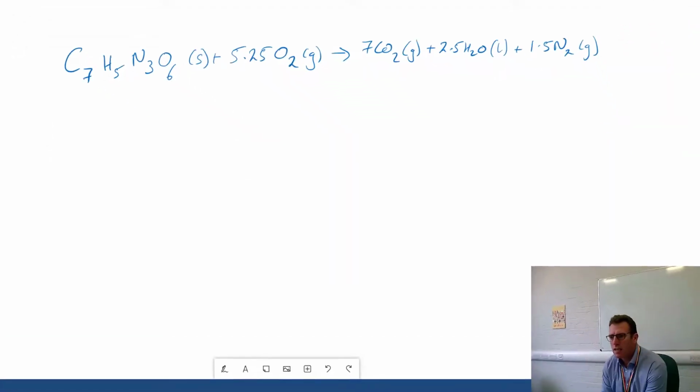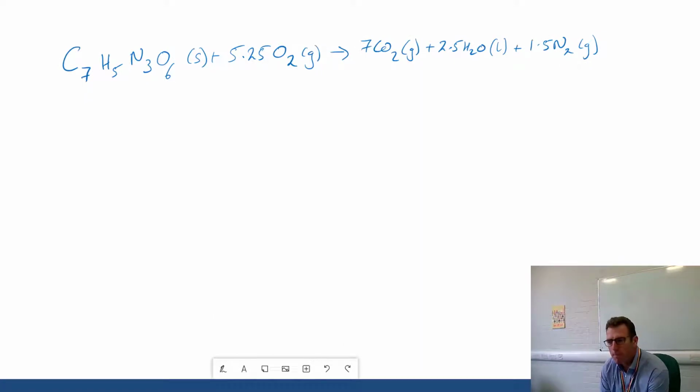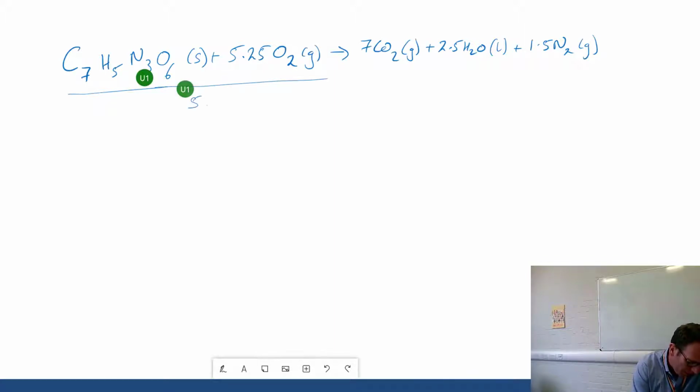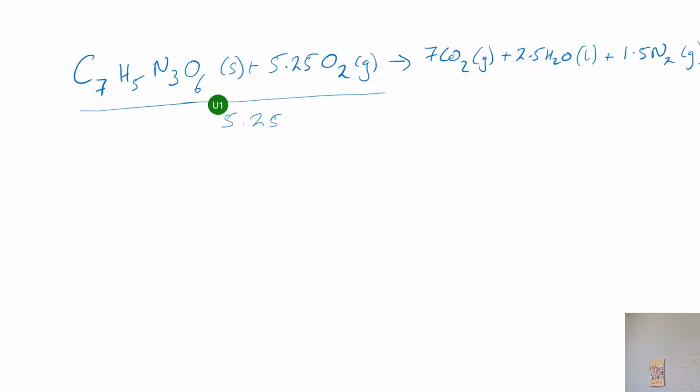Okay, so here I've written out the chemical formula for combustion of trinitrotoluene, TNT, a common explosive. And we see here the balanced equation leaves us with 5.25 moles of gas on the reactant side, and 7 plus 1.5 is 8.5 gas moles on the product side.